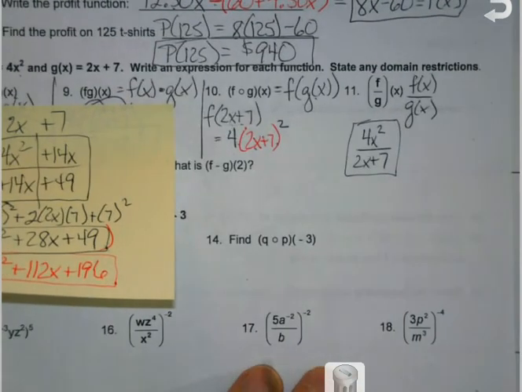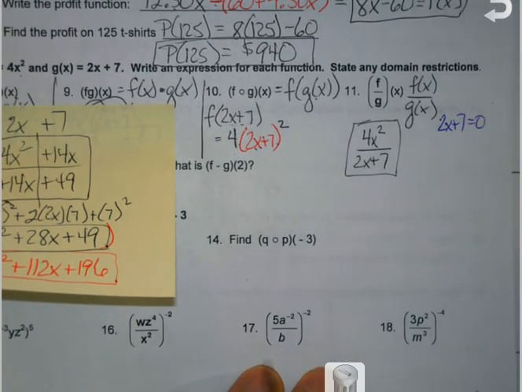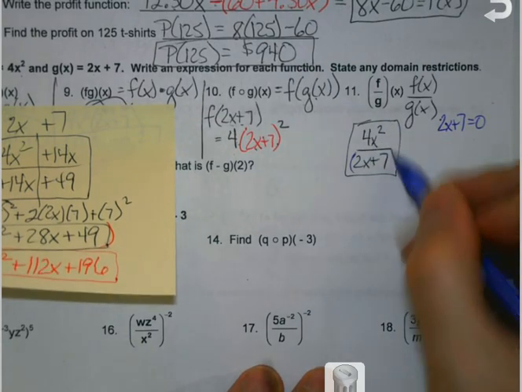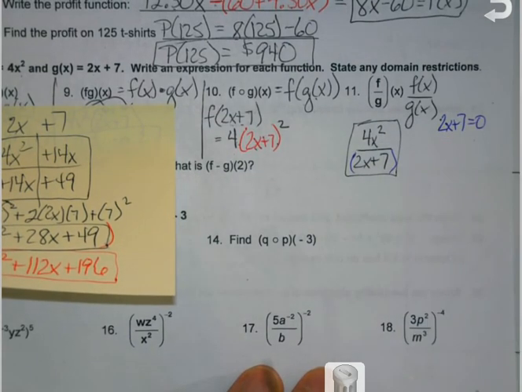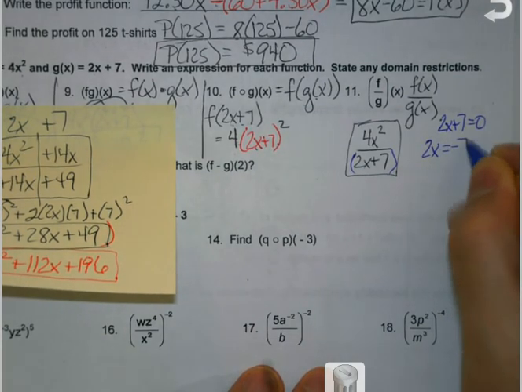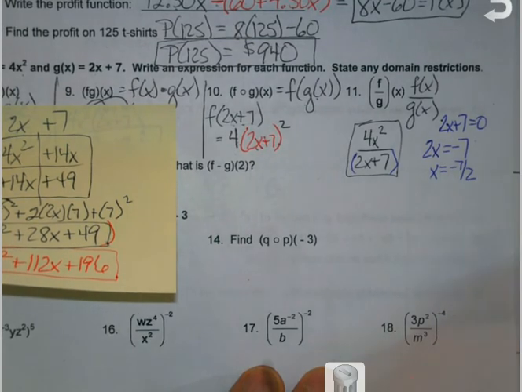So I do a little side work. I take my denominator. I set it equal to 0 because I wasn't silly enough to try and cancel these. They're locked together. Don't forget. Minus my 7 over and divide by 2.